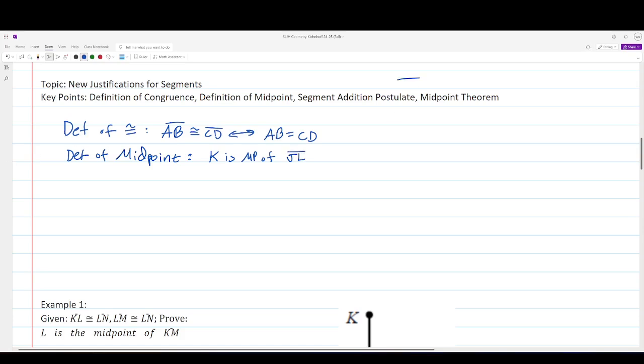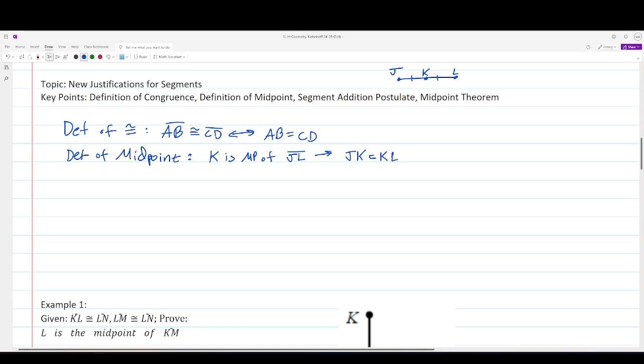So if we wanted to sketch that over here, that would be a line segment with 3 points, J, K, L, and K is the midpoint, meaning the two half segments are congruent. So the conclusion from this is exactly what we saw in the drawing, that the two half segments are the same length. So definition of midpoint tells us that in this case, JK, the length, will be equal to KL. Note that this gives us an equal to, not a congruent to.